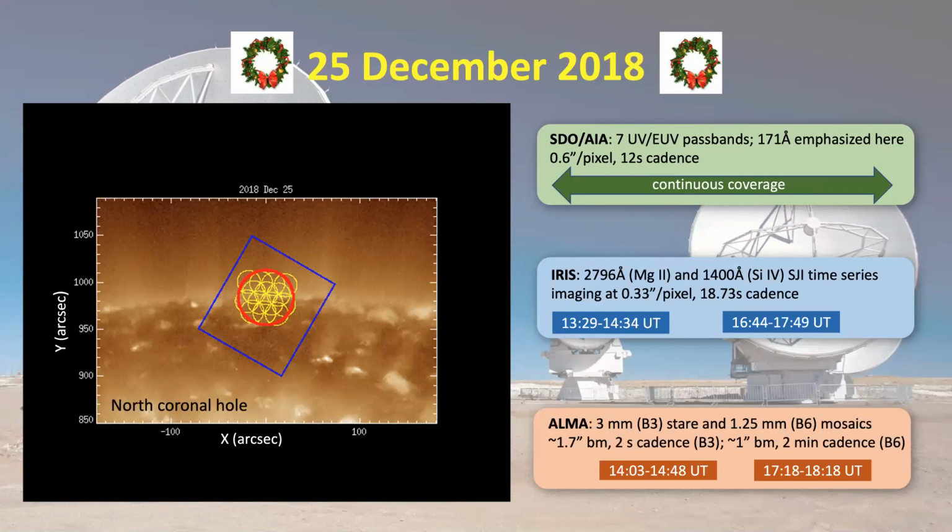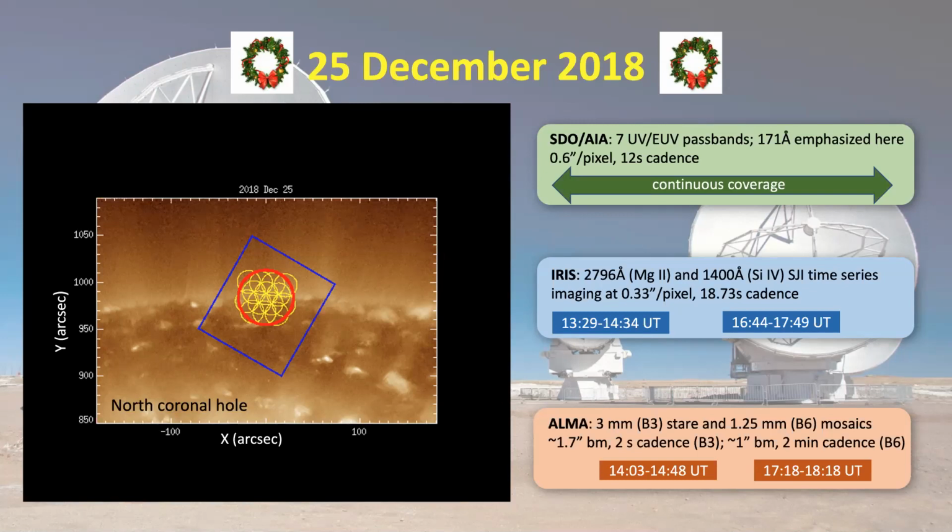In order to have a field of view comparable to the band 3 or 3 millimeter field of view at 1.25 millimeters, we resorted to a technique called mosaicing. And you can see all of the little patches that we imaged to build up an image comparable in size to the band 3 image in band 6. The price we paid was that for band 6, the 1.25 millimeter observations, our cadence was significantly compromised by the need to image 14 different fields of view in rapid sequence.